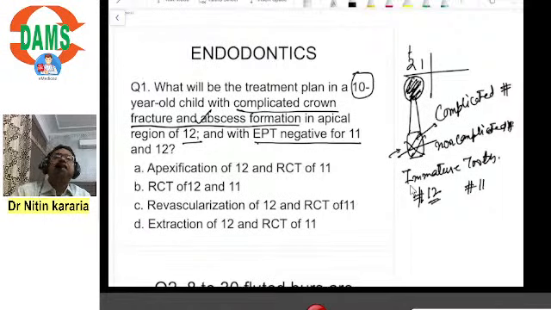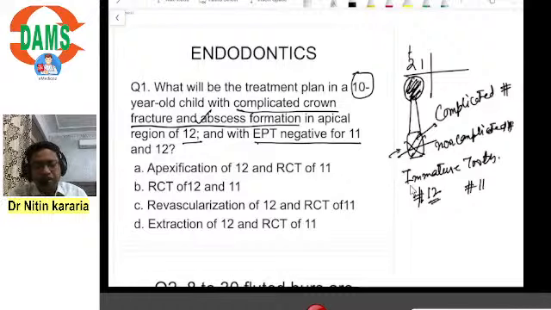And whenever there is an immature tooth with necrotic pulp, the best biological treatment option available is revascularization or pulp regeneration. So we would opt for regenerative endodontic procedures with tooth number 1-1, that is the right maxillary central incisor, and we would extract the tooth, that is the right maxillary lateral incisor.